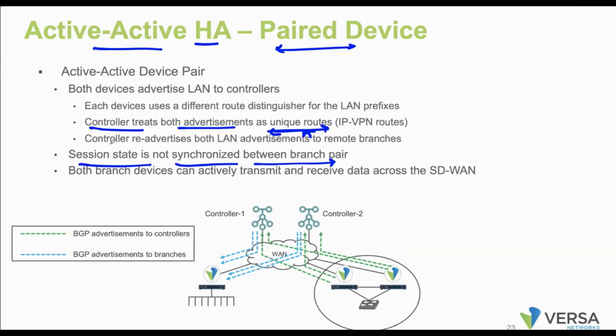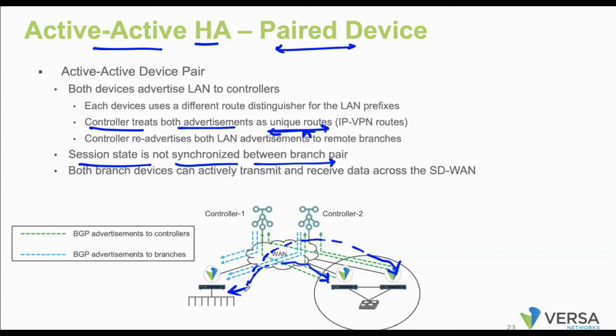Now the controller has re-advertised all the prefixes towards this branch. In order to reach a particular destination, the branch will have two next hops, one is CP01, the other one is CP02.